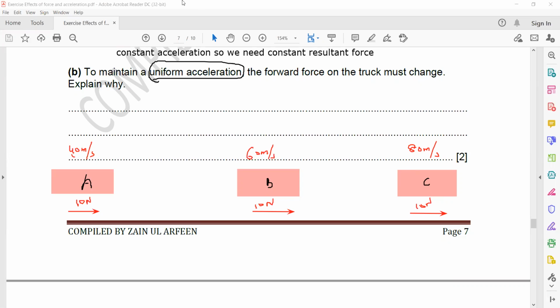I'm just using numbers to explain the idea. For example, here the air resistance is 50 newtons. On this side the air resistance was, for example, 40 Newton. It will be less than the last one because it is moving at a slower speed. And here the air resistance is 30.